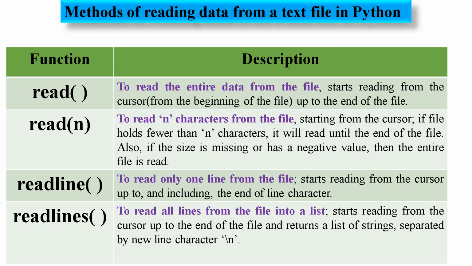Also, if the size is missing or has a negative value, then the entire file is read. Readline function: to read only one line from the file, starting from the cursor up to, and including, the end of line character. Readlines function: to read all lines from the file into a list, starting from the cursor up to the end of the file, and it returns a list of strings, separated by new line character \n.